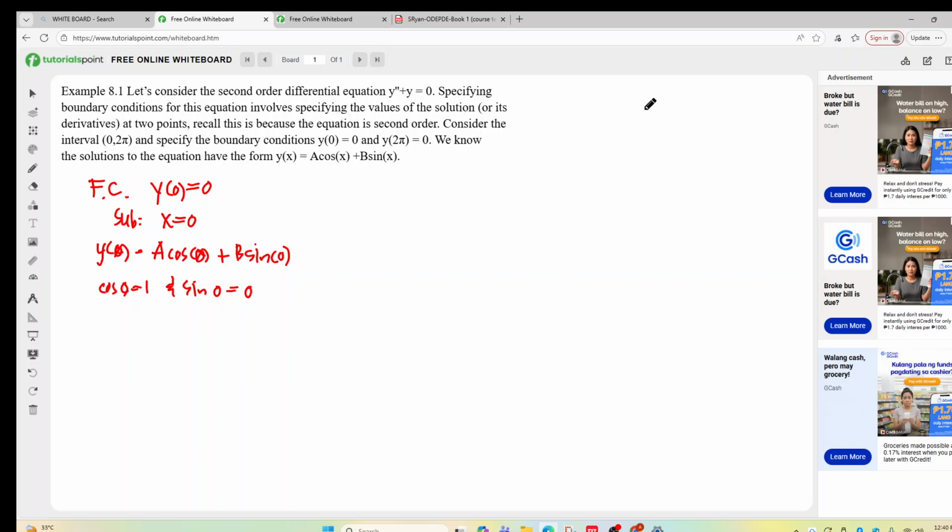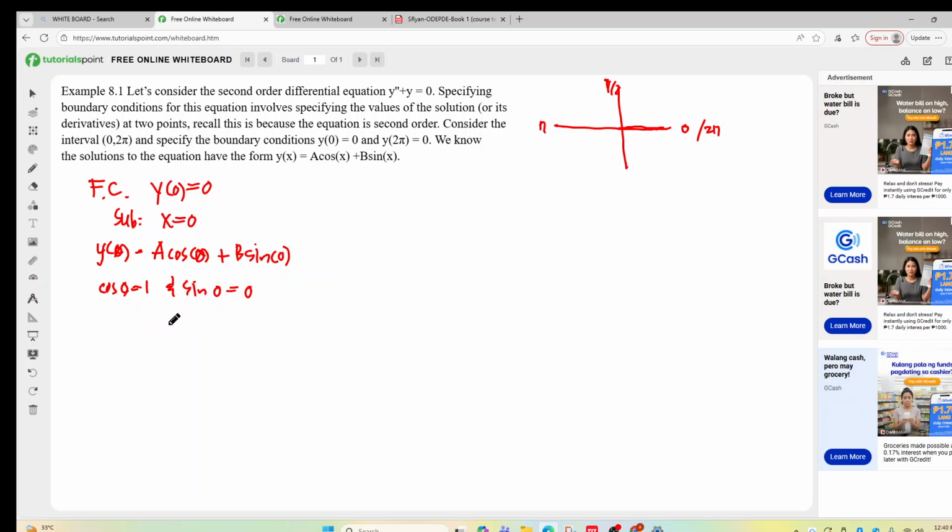We know this from the unit circle: this is our 0, this is our π over 2, this is our π, and this is our 2π. When the angle is 0, the sine is 0. Sine 0 is equal to 0.